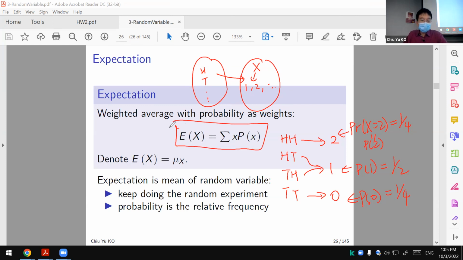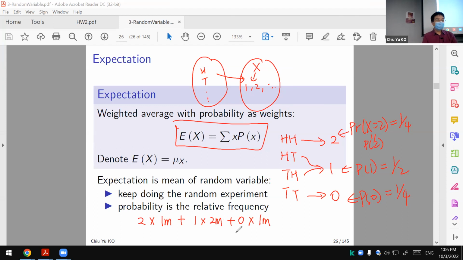Why is that the case? Just look at this equation. You have 1 million of 2, so 2 times 1 million. And you have 2 million of 1, so 1 times 2 million. And you have 0 times 1 million.